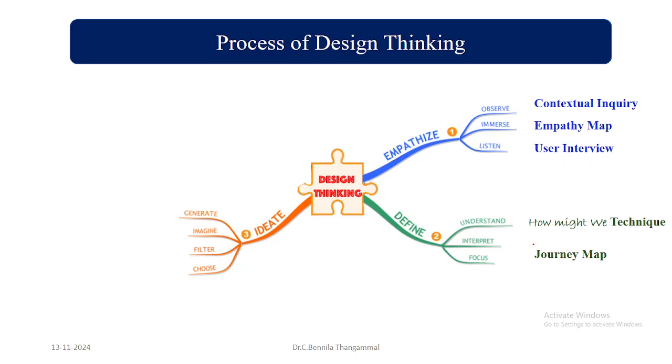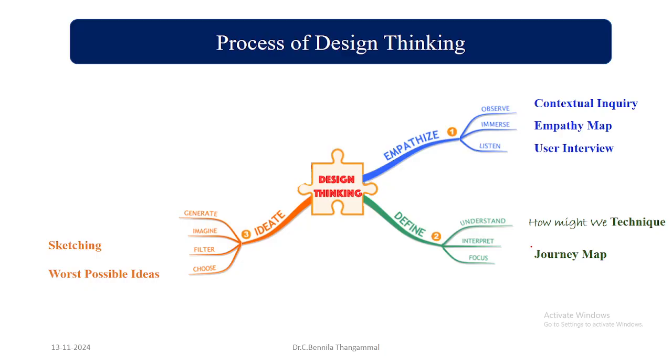The techniques that we use are worst possible ideas and sketching. Likewise, as we saw in the principles of design thinking, here we can go for the quantity of ideas, so many ideas, and then we can filter them out and choose the optimum ideas.